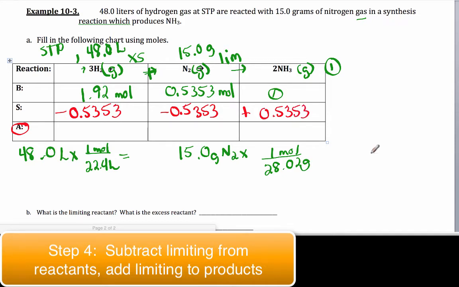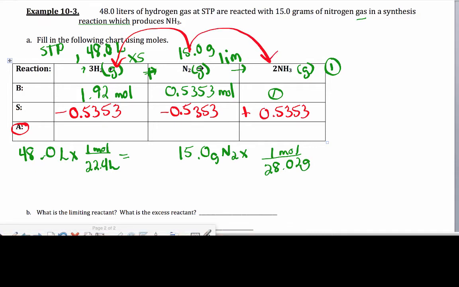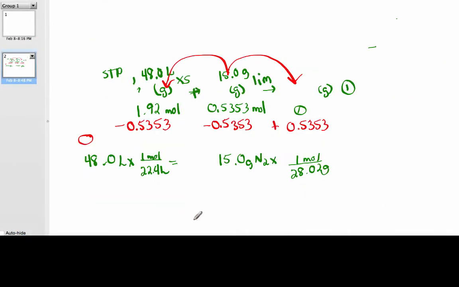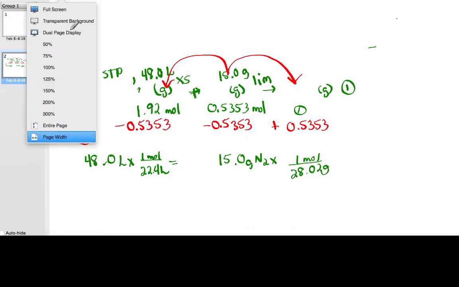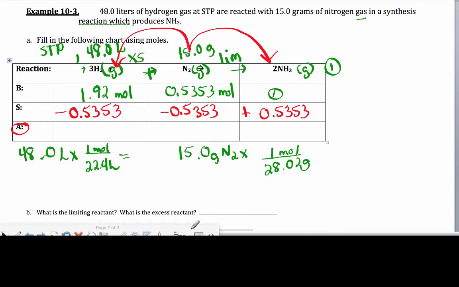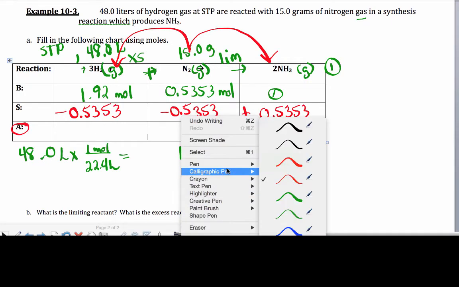Everything is going to depend on our limiting reactant. So we're really next going to use the mole ratio to hop from that limiting to the other substances. So let's take a look at that. I want to get a different color pen here.